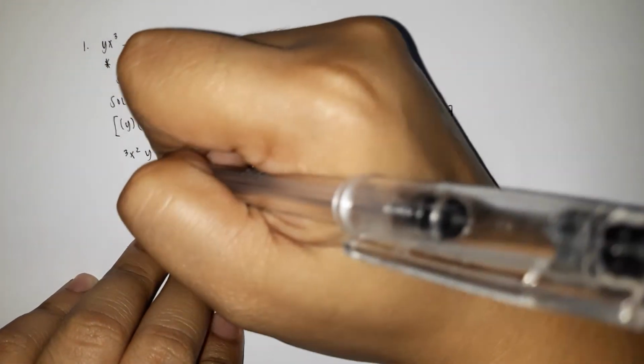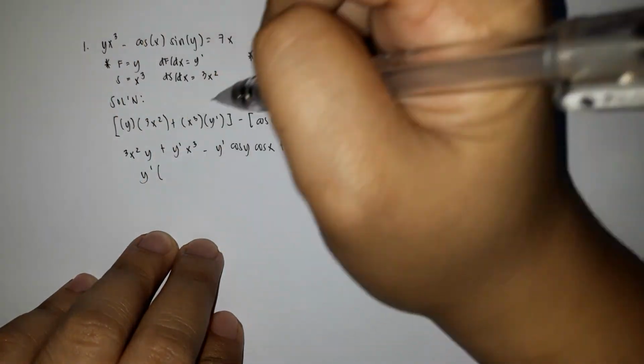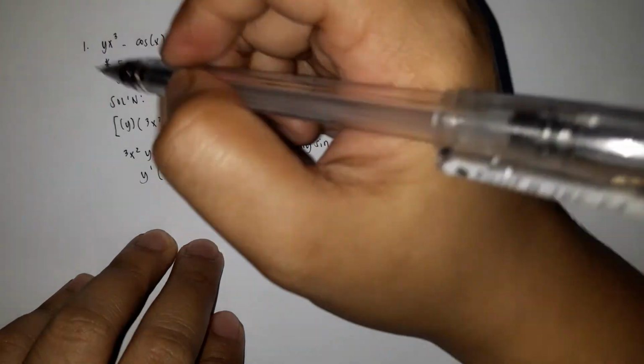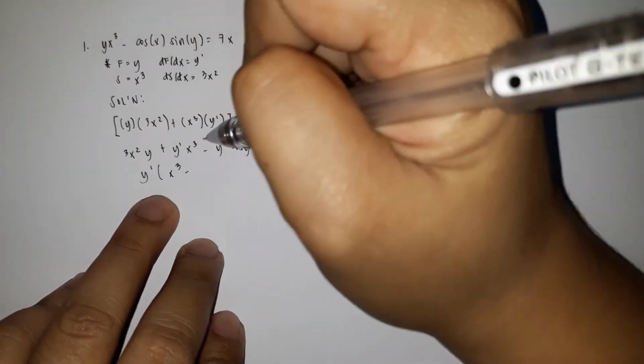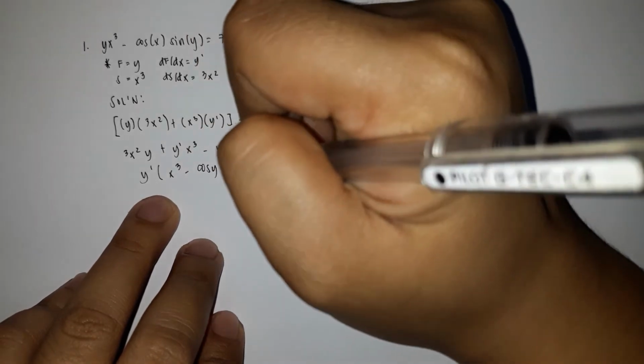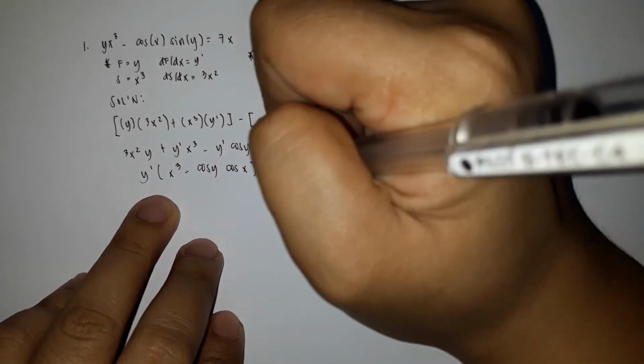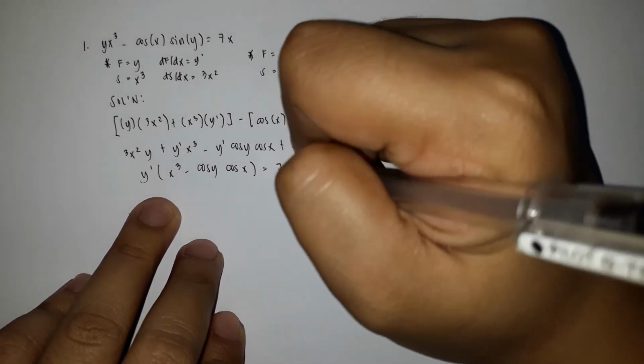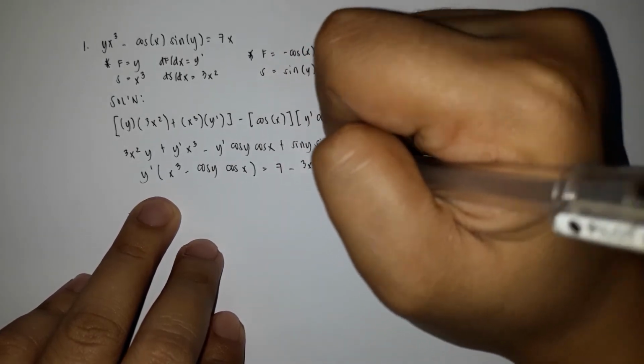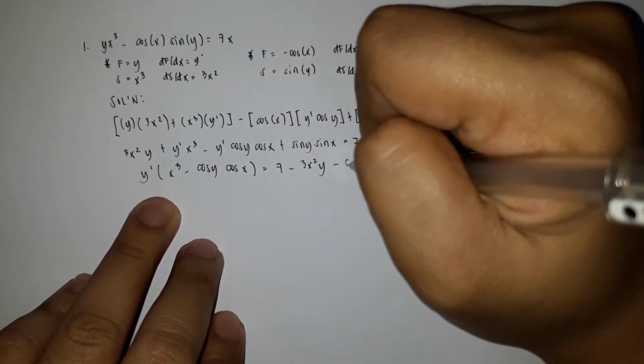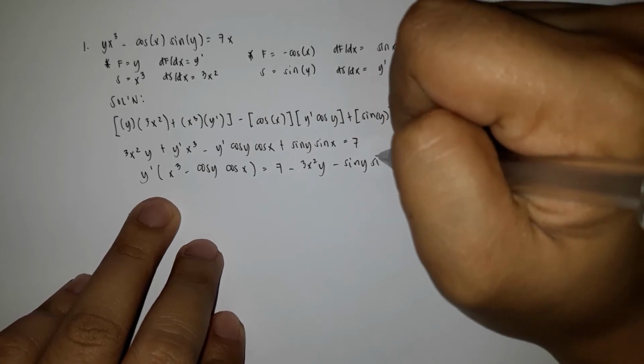So this will result to y prime multiplied to x cubed minus cosine y cosine x, equal to 7 minus 3x squared y minus sine y sine x.